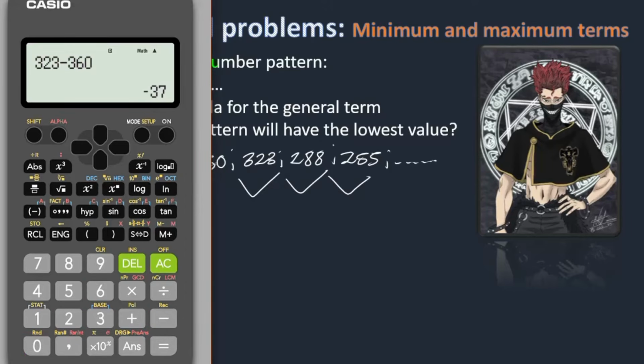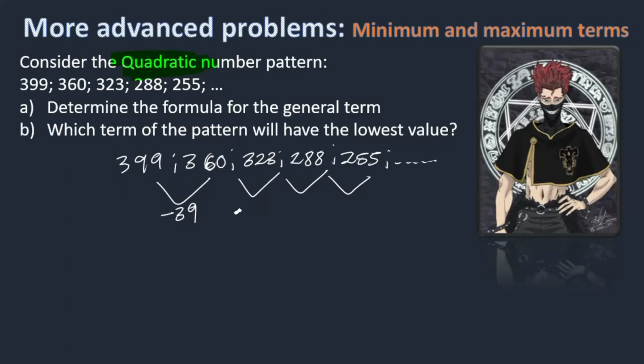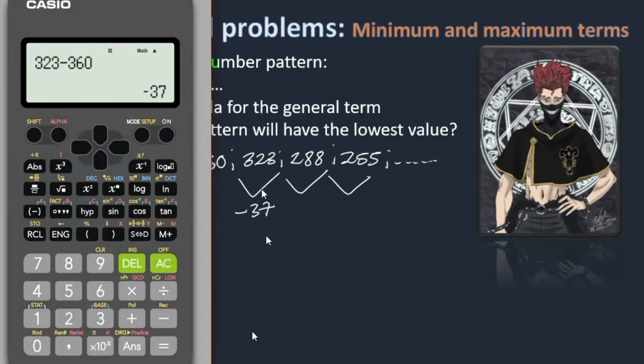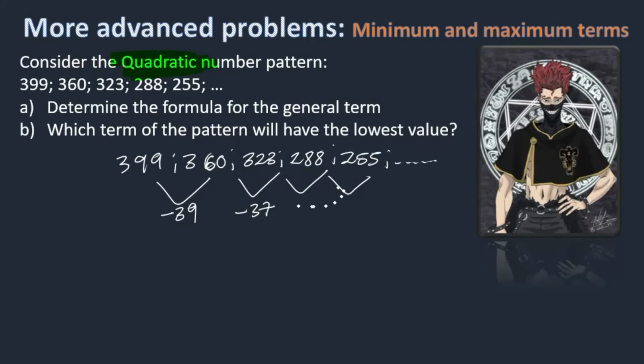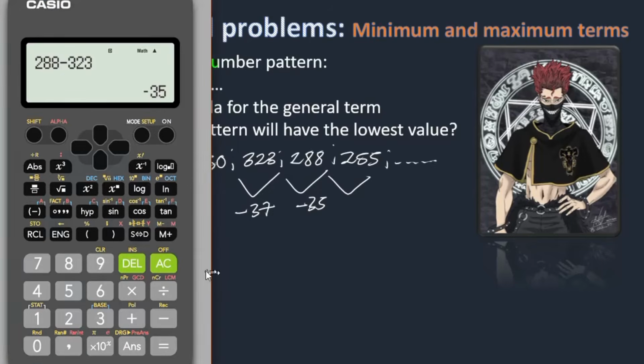Negative 37. 288 minus 323, negative 35. And then 255 minus 288, negative 33.